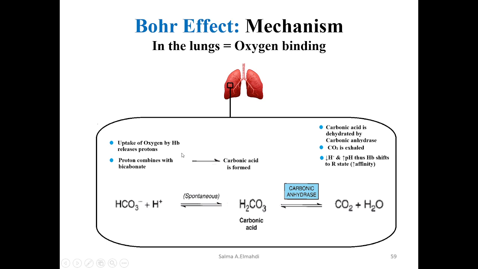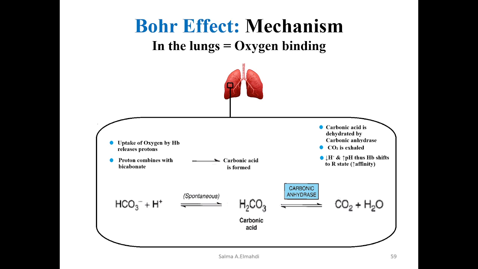So in the lungs, the same equation we have just mentioned will be reversed. We have high oxygen concentration in the lungs, so oxygen uptake by the hemoglobin releases protons that have been taken up earlier on from the tissues. These protons will be released in the lungs. Protons will bind with bicarbonate, spontaneously forming carbonic acid, and with carbonic anhydrase there will be dehydration of the carbonic acid, water will be removed, and carbon dioxide is formed.